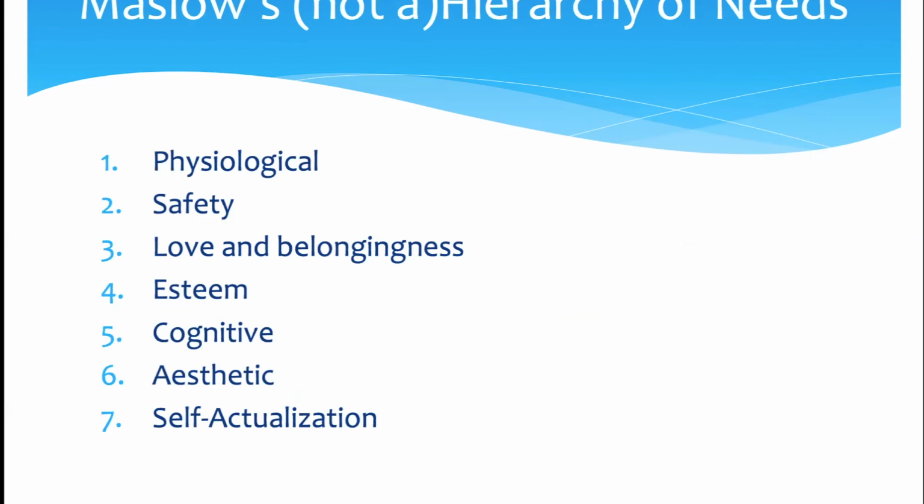Well, one perspective that you may be familiar with is Maslow's hierarchy of needs. And the reason that I put not a hierarchy of needs here is because Maslow had physiological as the first level, and of course we all need to have our physiological needs met, but it's much more horizontal than he conceptualized it, because feelings of safety and love and belongingness, for example, are absolutely essential to physiological well-being.